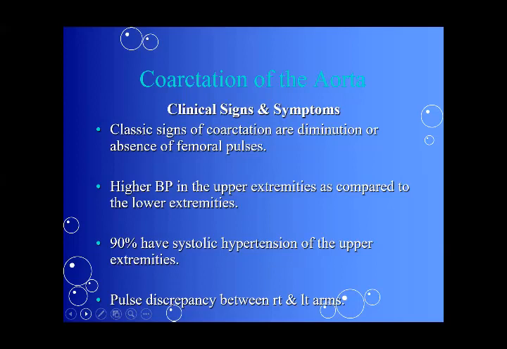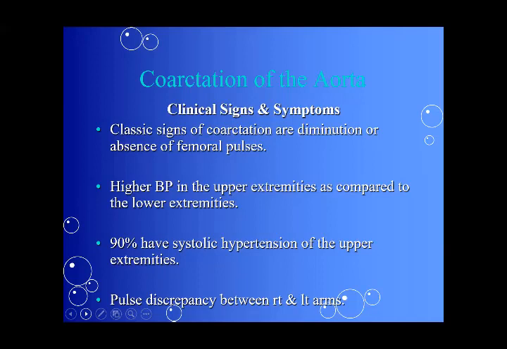And when you go on to examine the patient further, you come to know that the patient is having aortic stenosis. Classical signs of the coarctation are diminished or absent femoral pulses. That is, the pulses are reduced, especially comparing the upper and the lower extremities.